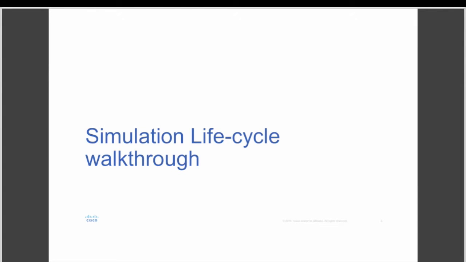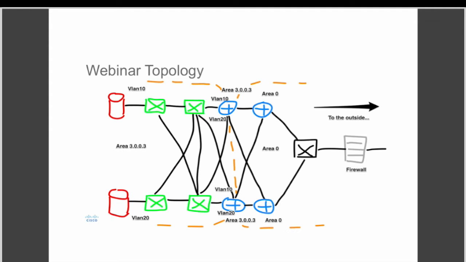We're going to take a look at a simulation lifecycle. In a minute, Tom's going to take us through the design piece. But first, let's take a look at a topology. For many people, it is literally, I'm going to scribble something down on the back of a napkin, or maybe a piece of paper. Maybe you've got a whiteboard.